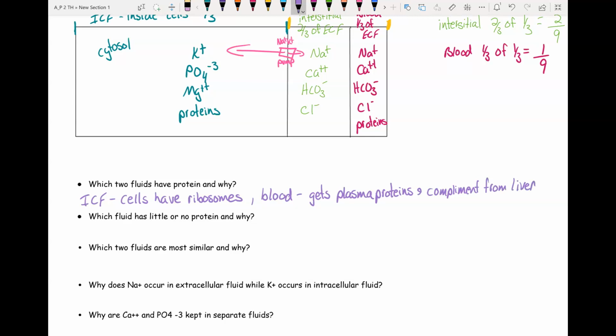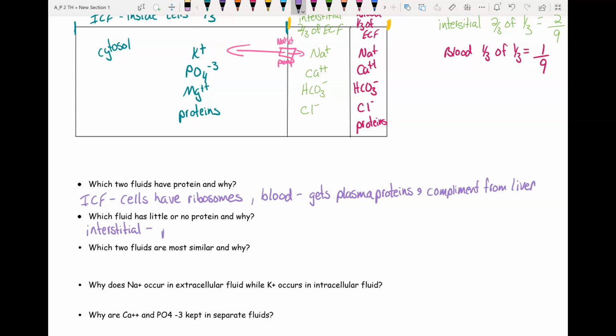Okay, so the one with little or no protein is interstitial. The reason for this is it has no source of protein, and the proteins that are in the cells and in the blood can't cross the cell membranes and the blood vessel walls to get to the interstitial.